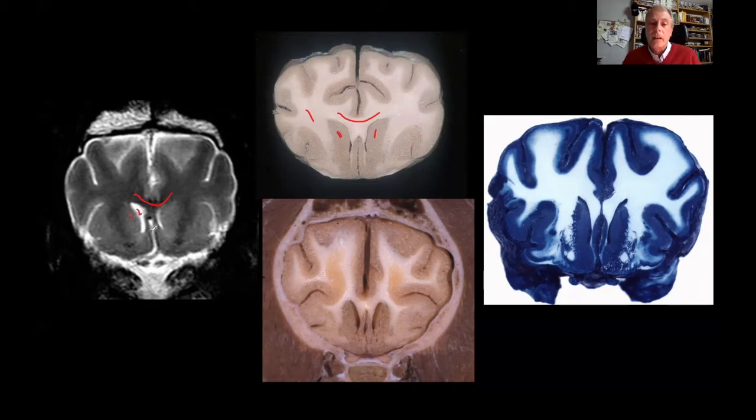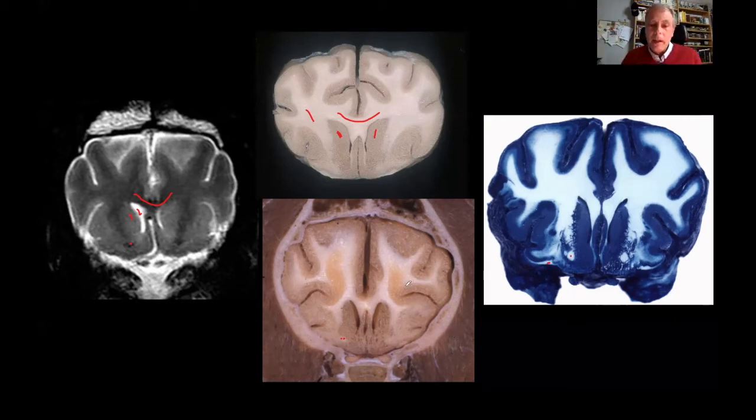We still identify the intermediate olfactory stria here. And in this Mulligan staining, we see the intermediate olfactory stria, and here the lateral olfactory stria. White matter on the outside.